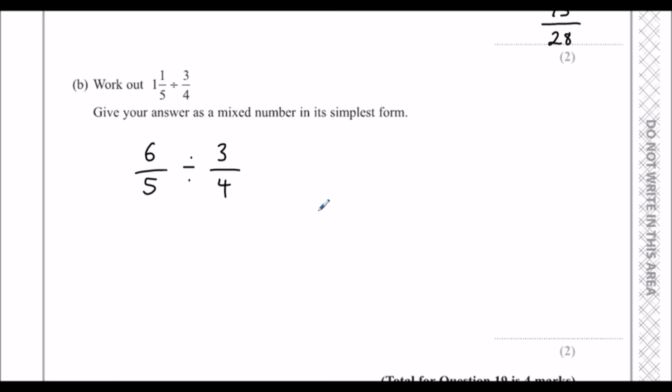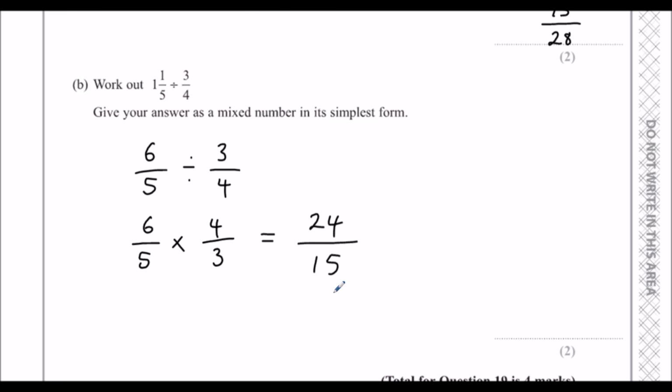So to divide the fractions, I am going to change it to a times and flip over the second fraction. Dividing by 3 quarters is the same as timesing by 4 over 3. And then to times fractions, I'm just going to times the top. 6 times 4 is 24. Times the bottom, 5 times 3 is 15.